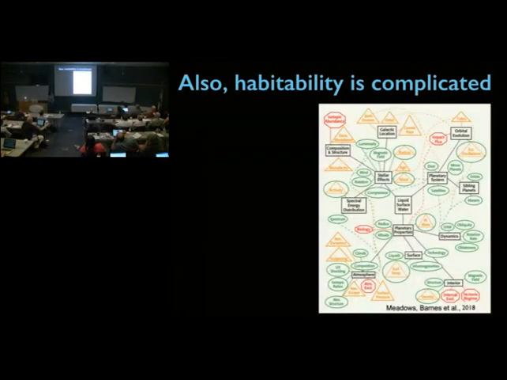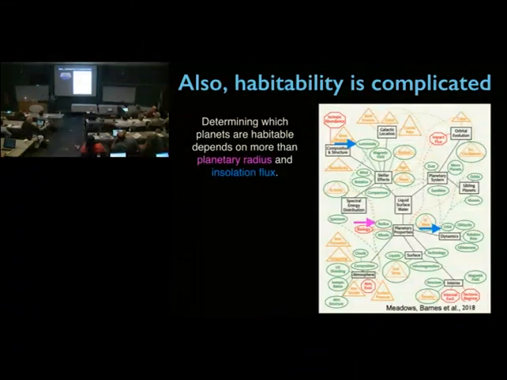This is from Vicki Meadows and Rory Barnes's paper, an overview of everything that should be considered in order to identify a planet as definitely habitable. So far, what I've been talking about are just these three things on this plot. So the picture is a lot more complicated.